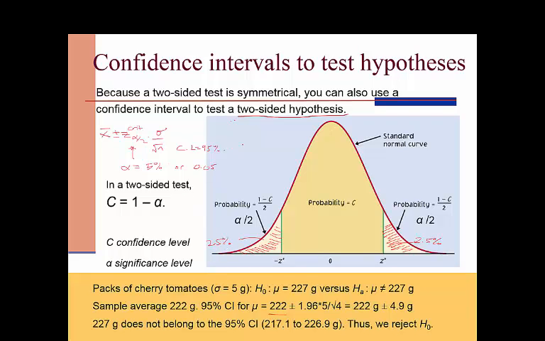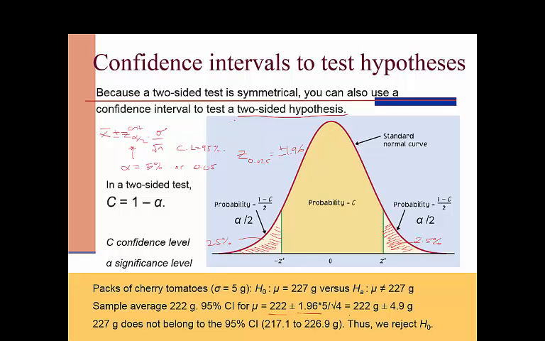When you look that up, you get z of 0.025 equals to plus or minus 1.96, and that's the z critical, times by sigma. You already remember from the previous example, sigma was 5, divided by square root of n was 4.